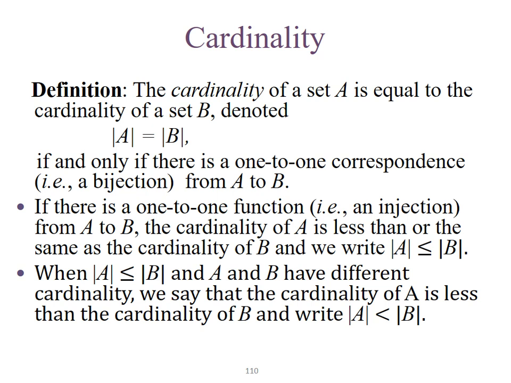And then you can prove that A and B have different cardinalities. So that means if less than or equal to is true and they are not the same, then we can assert that the cardinality of A is less than the cardinality of the set B. Okay, just some strategies to help you prove, once you need to prove the cardinality, if they are equal, or less than or equal to, or less than.